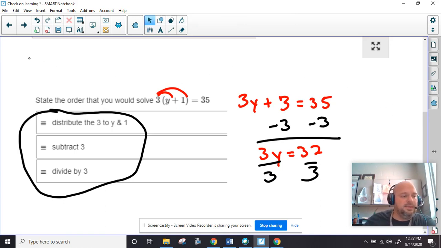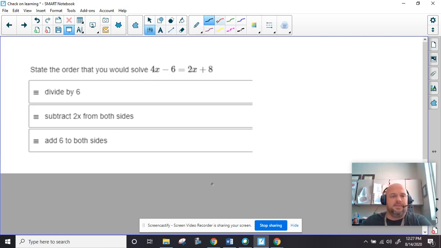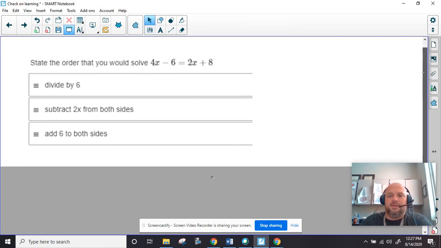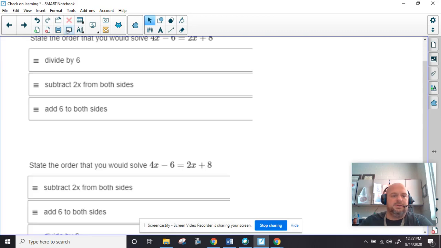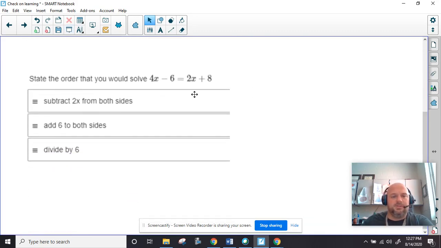All right. So this is kind of the same thing. In what order would you do this? Hopefully you read this very well. Okay. Again, kind of similar. And if we look here, here's the actual answer. You subtract 2x from both sides.